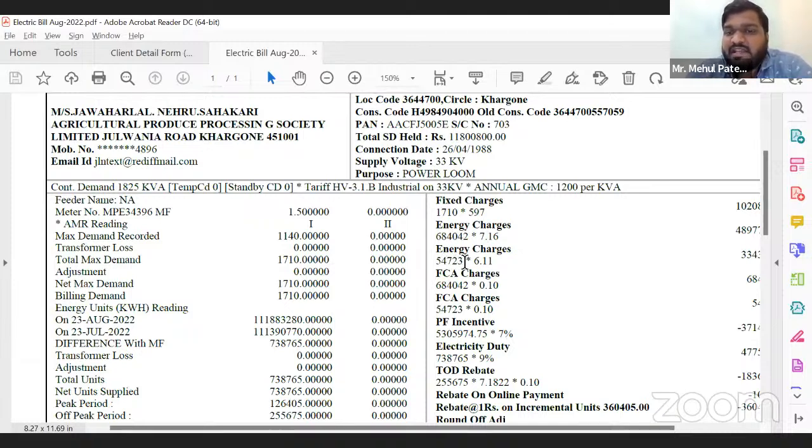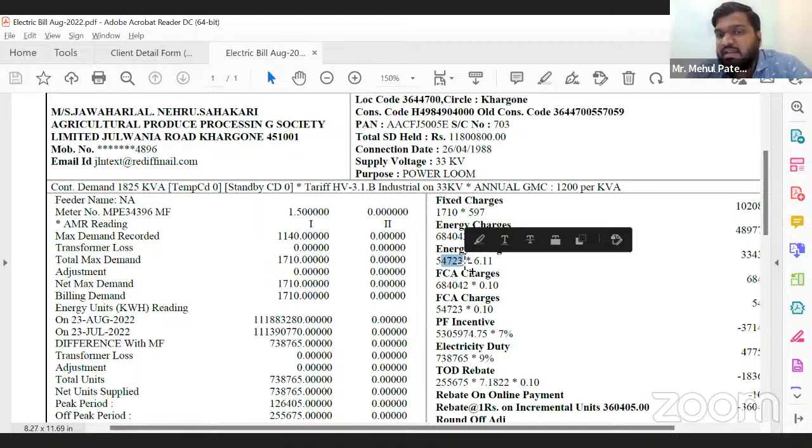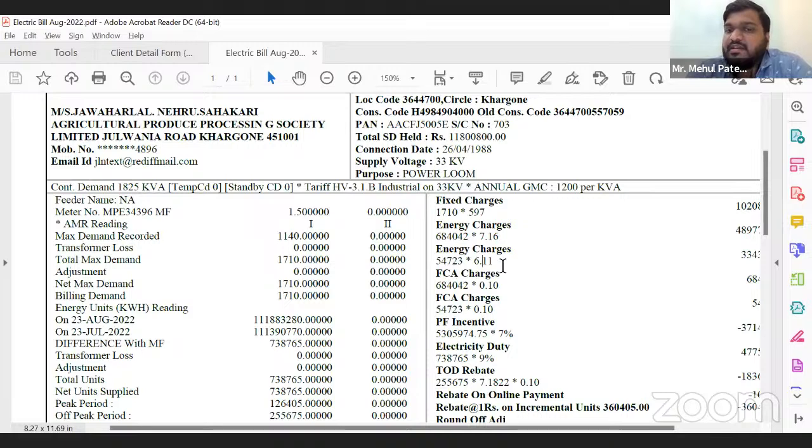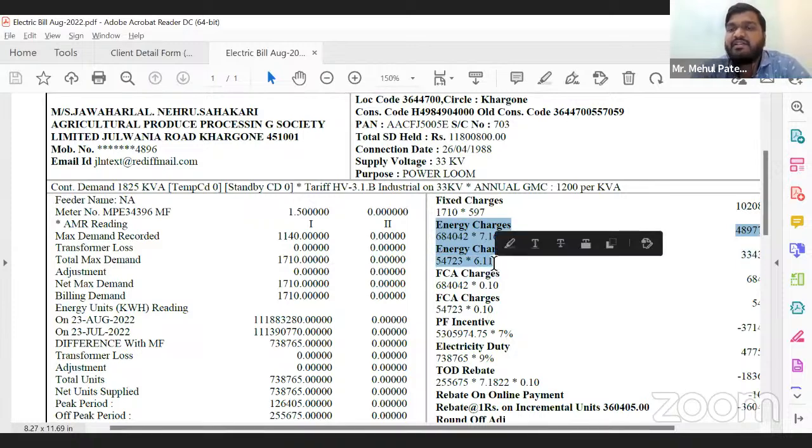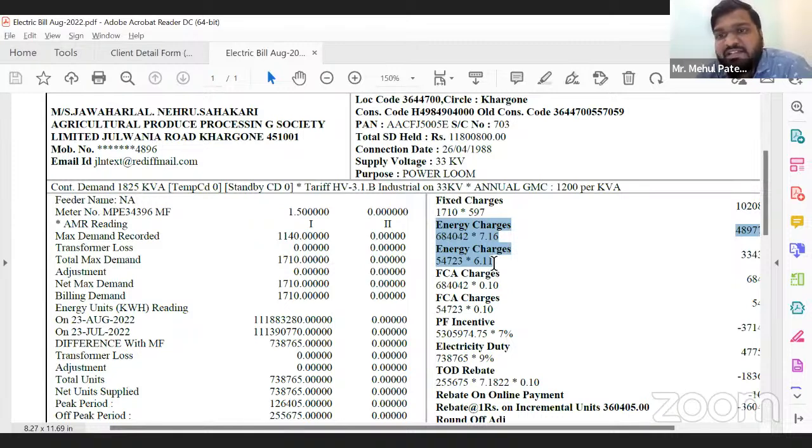The second energy charge is for 54,723 units during the night time, where they are charging lesser by 1 rupee, that is 6.11 rupees per unit. So these are the tariff divisions based on the time of the day. I hope this is clear till now.